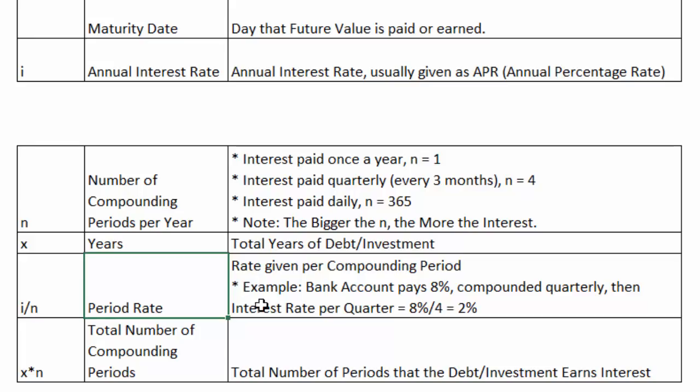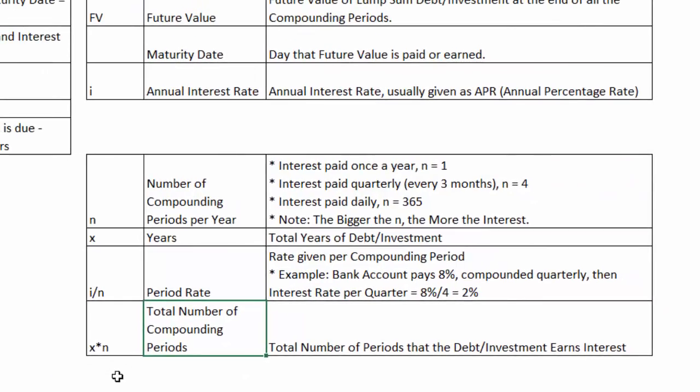Now, here's an example. Bank account pays 8% compounded quarterly. That's what it'll say in the contract. Then, to calculate interest rate per quarter, or our period rate, we take 8% divided by 4. There you go. You earn 2% each quarter. Finally, we have to calculate total number of compounding periods, x times n.